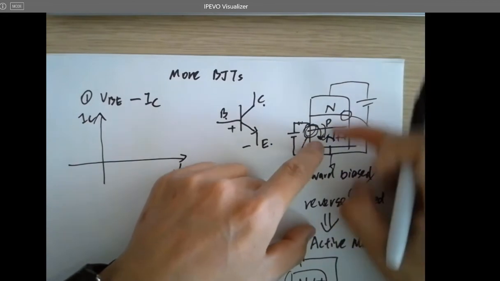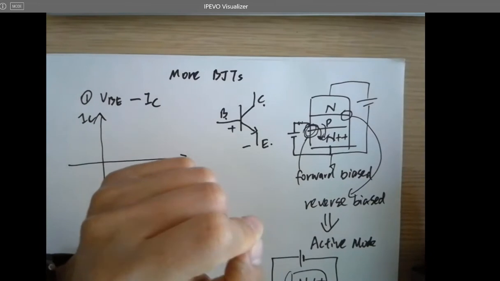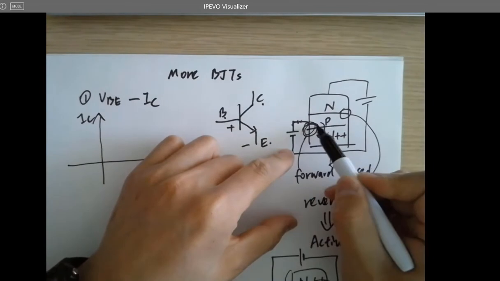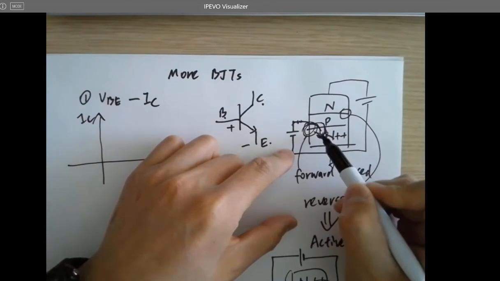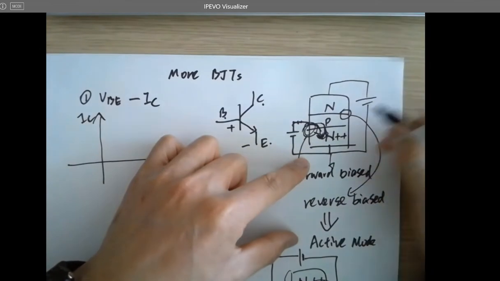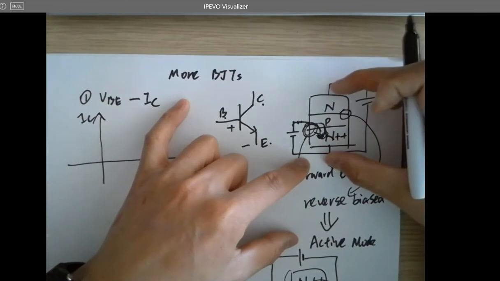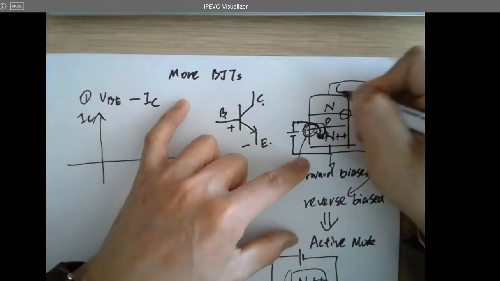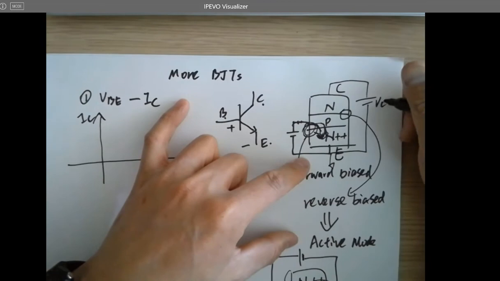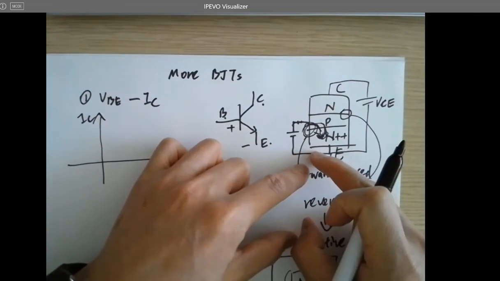But how to turn on this guy? You just fabricate a really thin layer of P in the middle and inject a little current into this P junction. After that, you can turn it on. And after that, you add another voltage potential drop across the C and E. It's called VCE, which is larger than VBE.